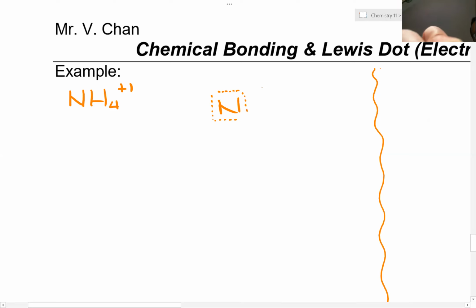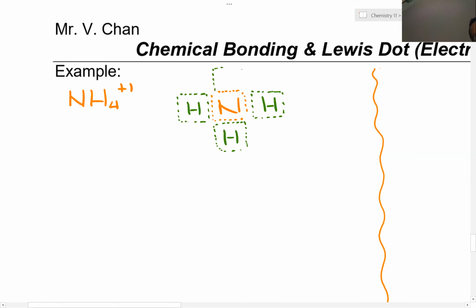I will put hydrogen as a different color, on this side and on this side. Again, the sides of the squares need to be flush with each other, in other words, nicely set up. That's step number 1.